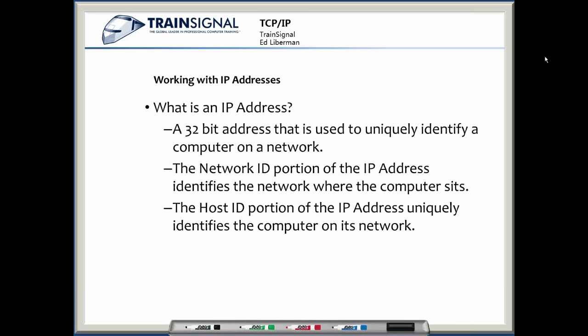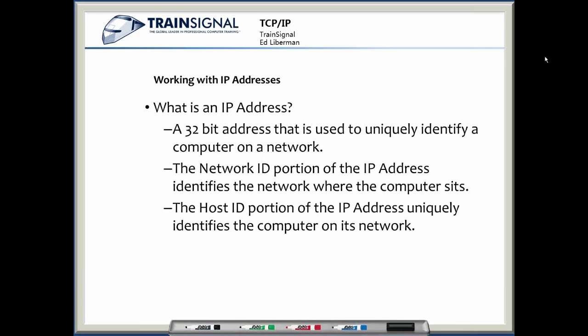And then the other component is the host ID. And this portion of the IP address uniquely identifies the computer within that network. Now here's the other thing that we know. We know that the network ID portion is the left side of an IP address, and we know that the host ID portion is the right side of an IP address.